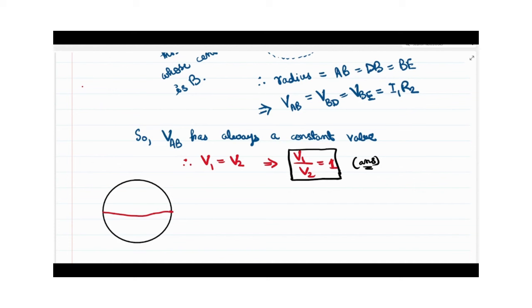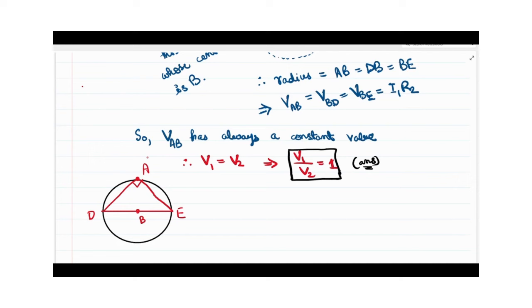I will draw the line D, E, and somewhere the line A. Now B is the center of the circle, and I will draw a line like this, and a line like this. Obviously, these two are equal. This is the initial condition where everything was all right.